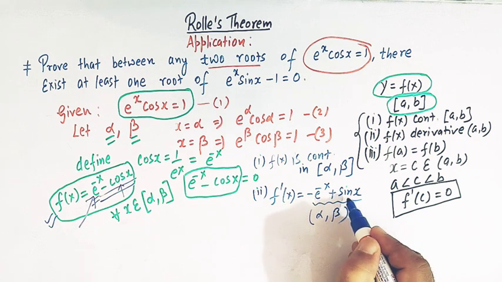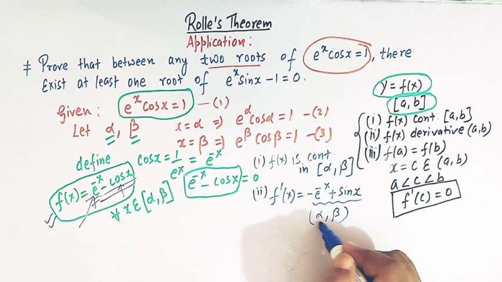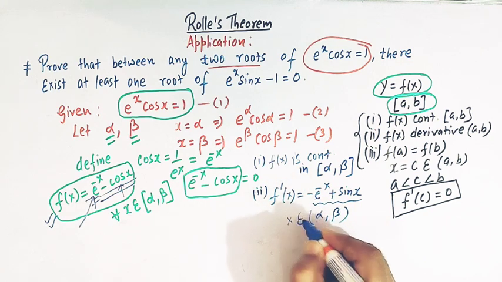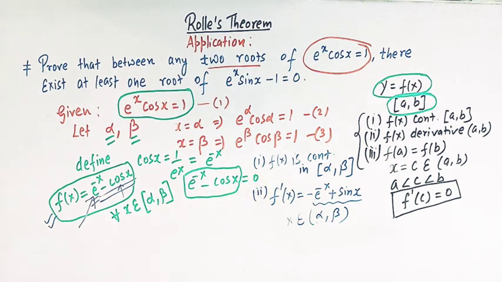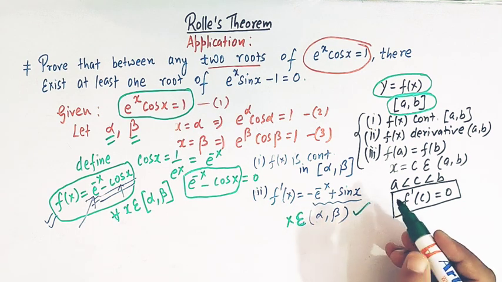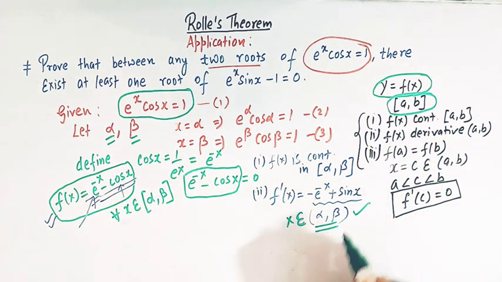So these two functions e raised to minus x and sine x both are defined in this interval. So we can claim that the derivative exists in this interval, that is x belonging to alpha comma beta. So f of x has a derivative at each point in this interval.